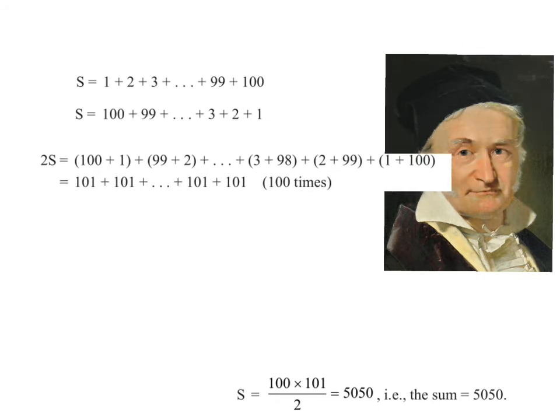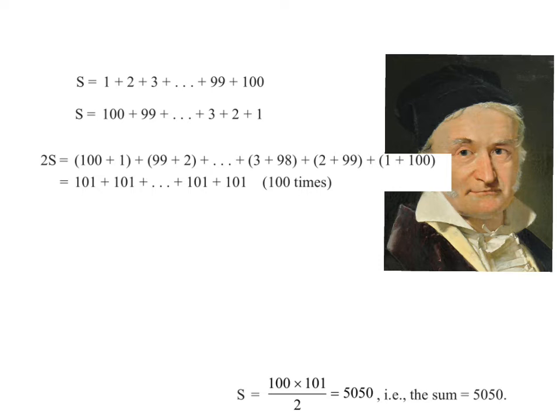Like this, he added the two numbers, 100 plus 1, 99 plus 2, and so on, until he went up to 1 plus 100. When he added these two, he observed that all the numbers, when the two terms are added together, they generate 101, 100 times.